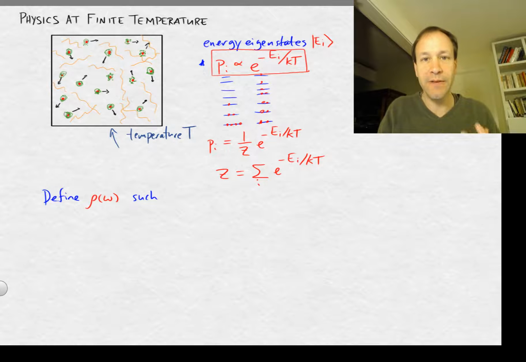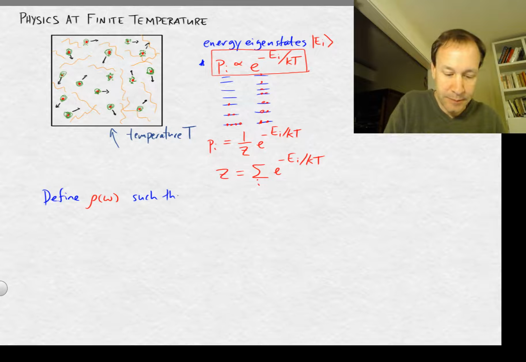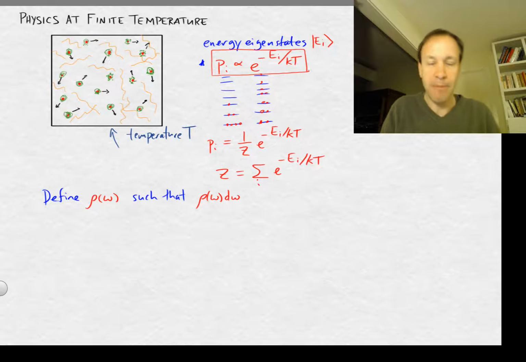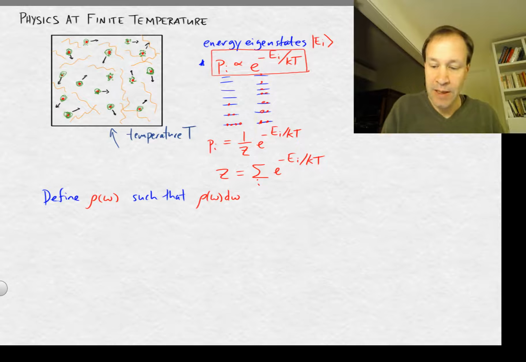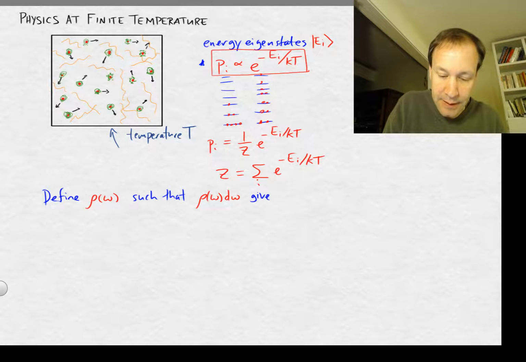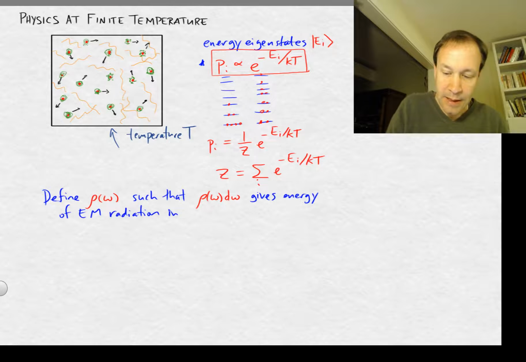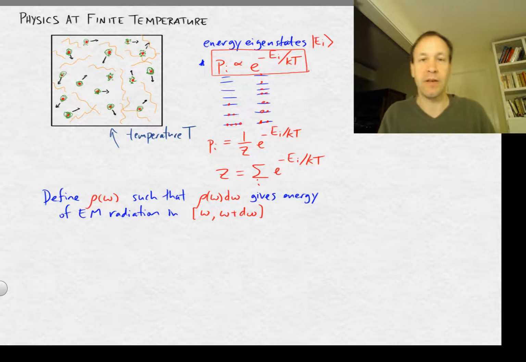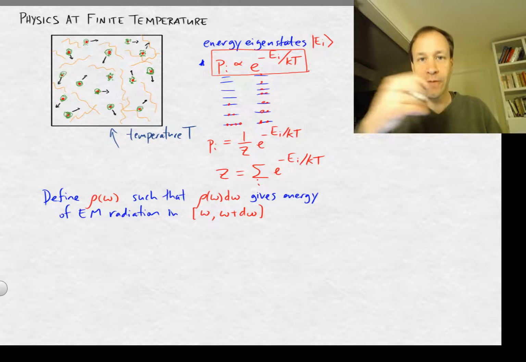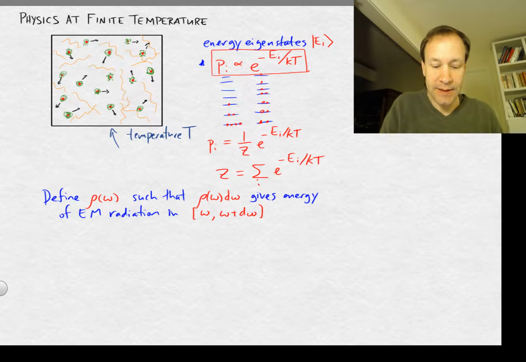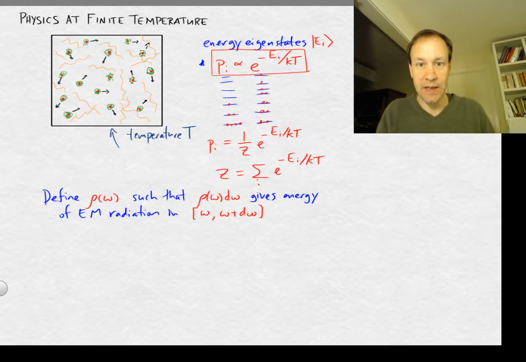Specifically, we want to find this rho of omega such that if we take rho of omega and multiply it by some small range of frequencies, then this gives the energy of the electromagnetic radiation in an interval between omega and omega plus d omega. So there's a certain amount of energy with frequencies in that interval, and that is given by this rho of omega times d omega.